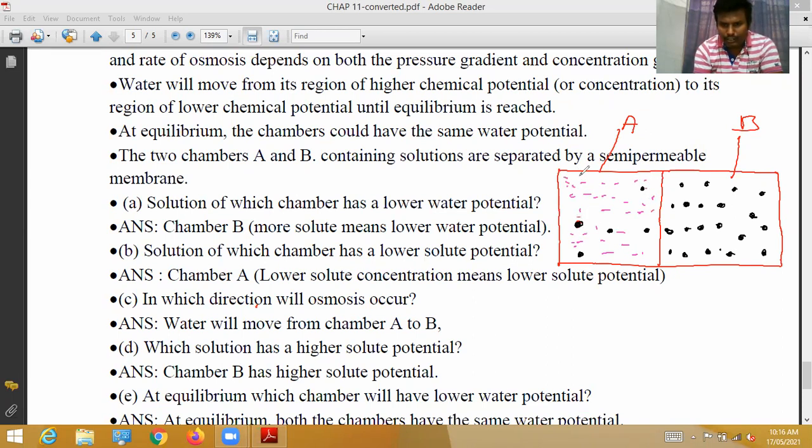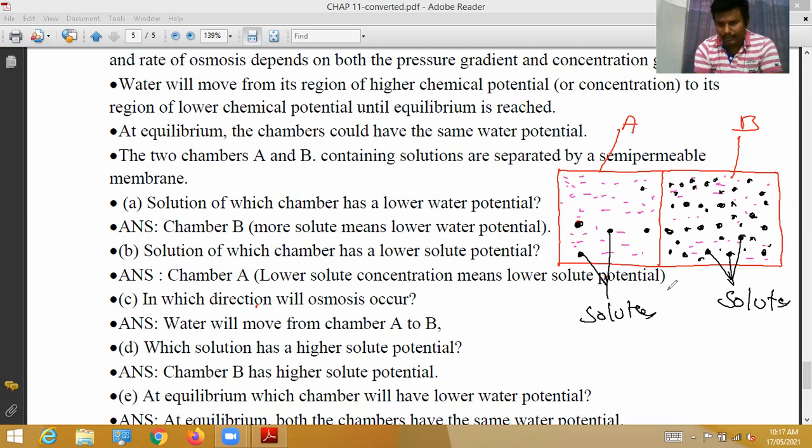So here the water concentration is more. Next, here this is water, here the water concentration is less and the solute concentration is more. See, these are all solutes. This is water. This is the semi-permeable membrane.